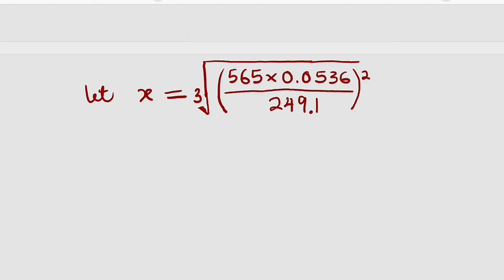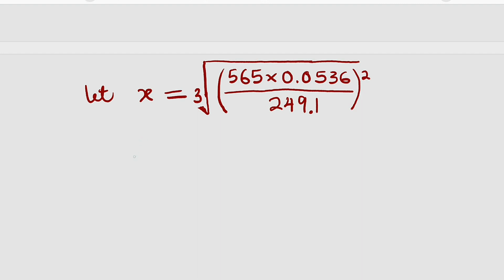So I would like to let what I have copied be equal to x, because we are going to apply logarithm. And you know, from one of the laws of indices, you can write cube root as the argument raised to the power of 1/3. So we can write the whole of this to the power of 2 divided by 3.